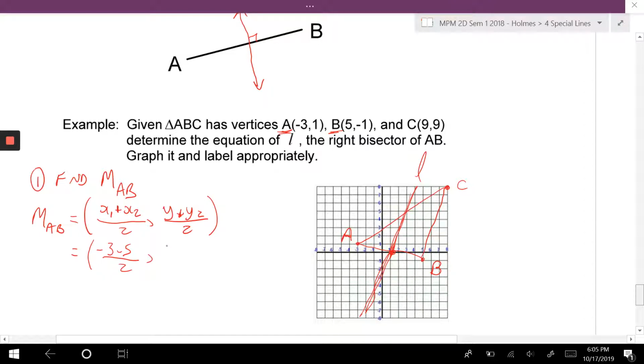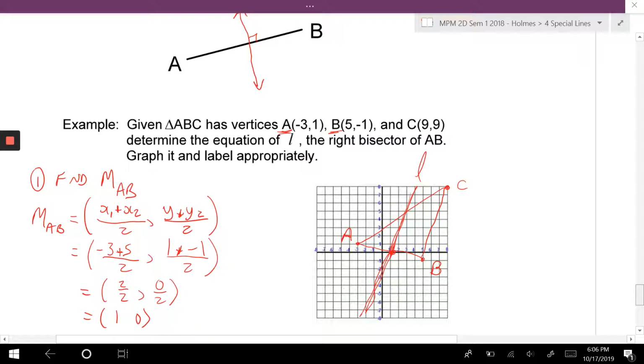And then the two y values are 1 plus -1 over 2. -3 plus 5 is 2 over 2. 1 plus -1 is just 0 over 2, which simplifies to (1, 0).